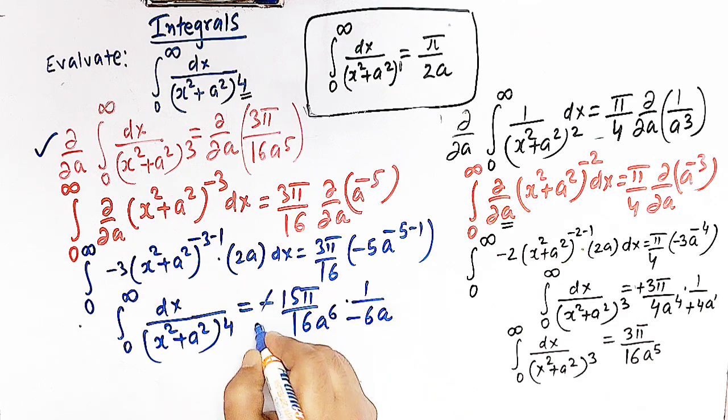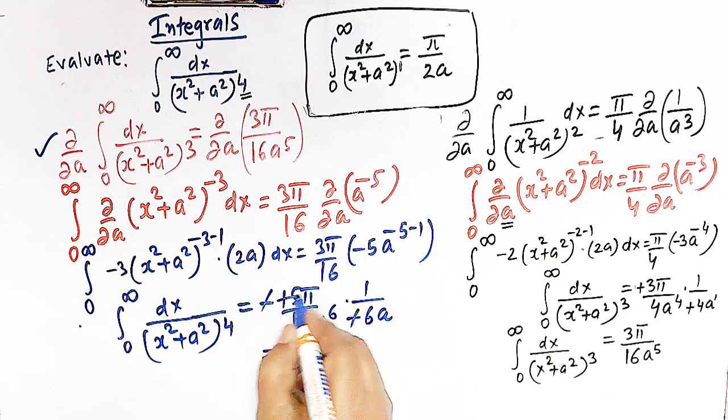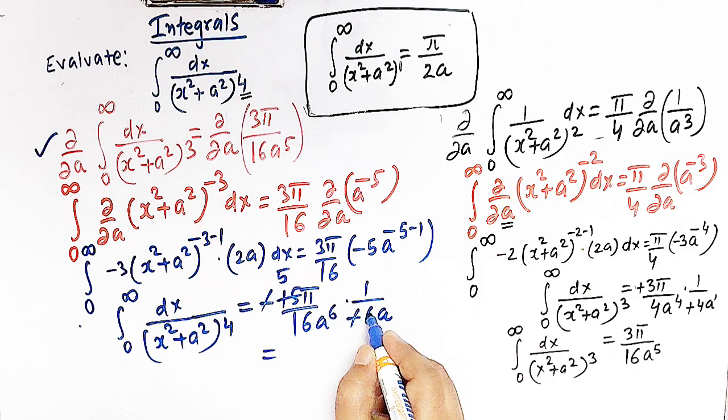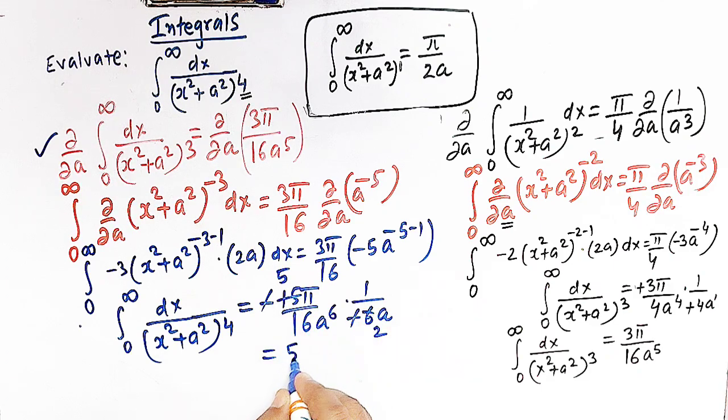Now taking minus 6a to this side, we have now here 1 over minus 6a, and simplifying it, minus and minus get cancelled. This is 3 times 5, this is 3 times 2, so we have now 5 pi over 16 times 2 is 32, and here we have 1, so 6 plus 1 is 7, so here we have a raised to 7, right?